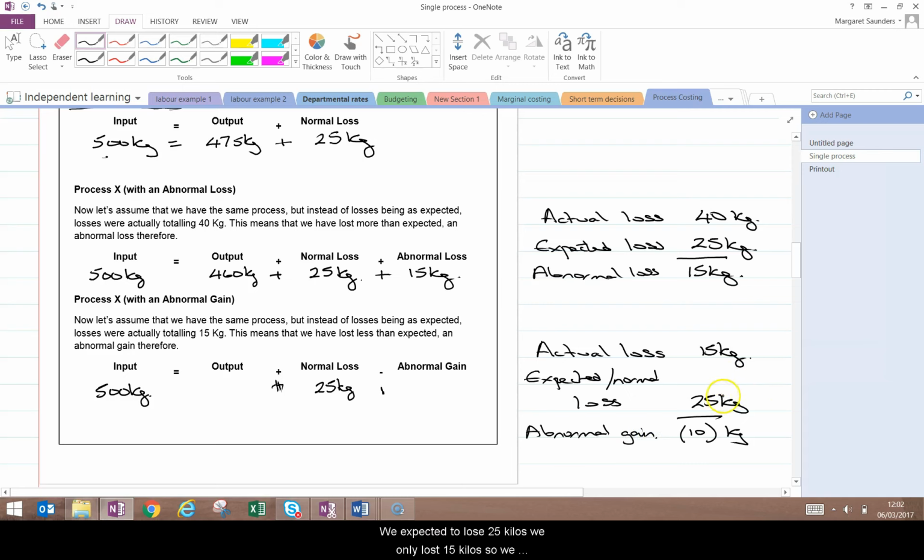Okay, we expected to lose 25 kilos. We only lost 15 kilos, so we are 10 kilos better off. So in our physical flow, we now have an abnormal gain. Abnormal gains are subtracted. So we have minus 10 kilos. We've just got to rub this a little bit out here, tidy it up slightly.